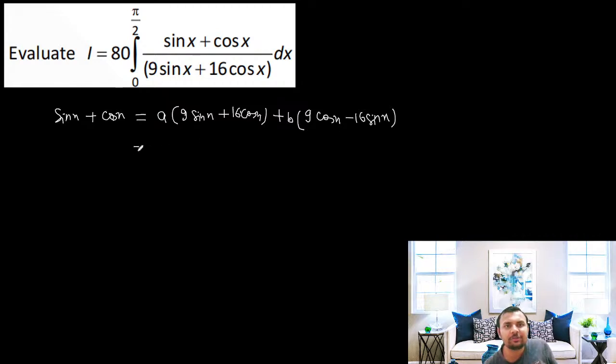So if we try to see, it is (9a minus 16b) sin x plus (16a plus 9b) cos x.